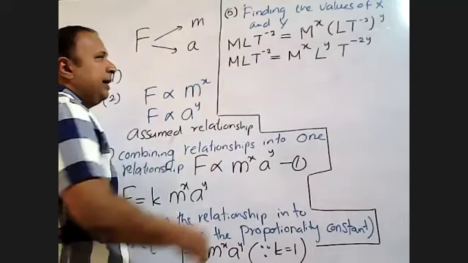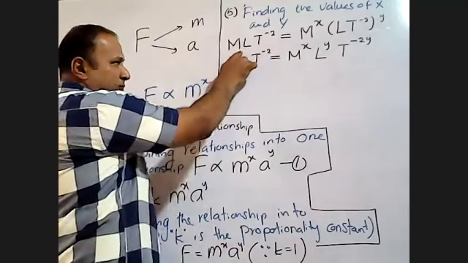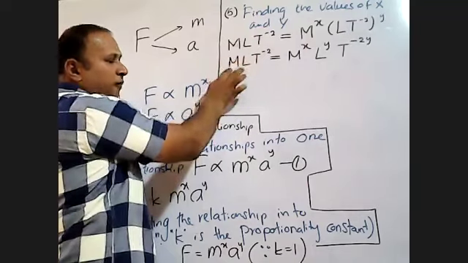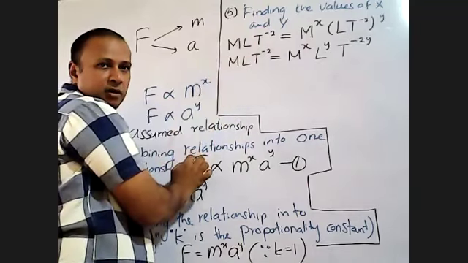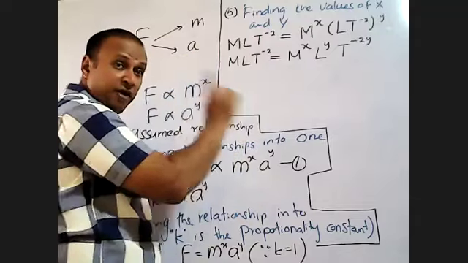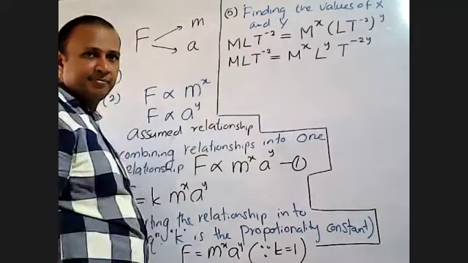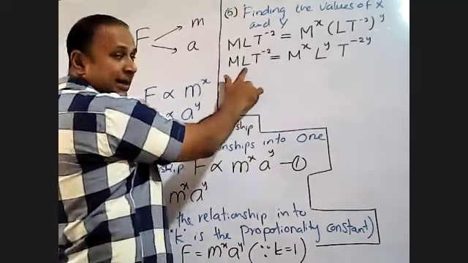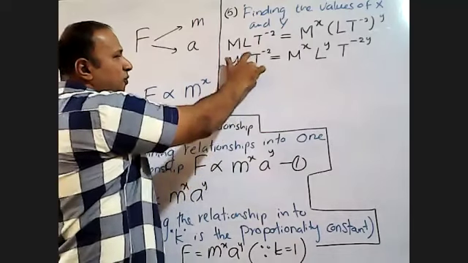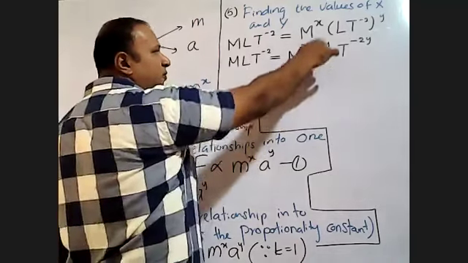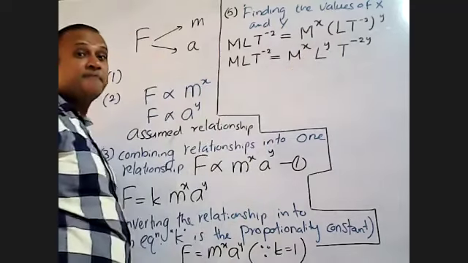That means in the LHS, the power of M is 1. Definitely, in the RHS, the power of M should be 1. Otherwise, it is not an equation. In the LHS, the power of L is 1. Therefore, in the RHS, the power of L should be 1.